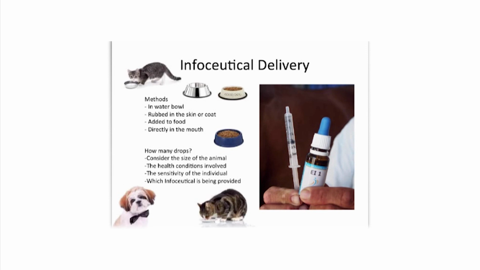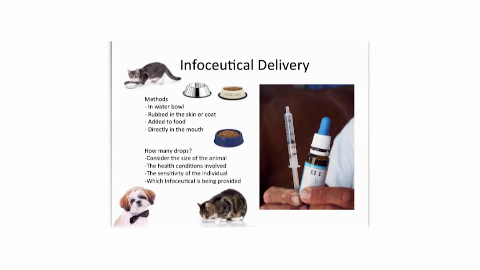Now, info-ceutical delivery. There are many different ways of providing info-ceuticals, and you have to find the most suitable for the animal you're treating. Sometimes it's in a bowl of water if the animal doesn't share the water. Sometimes it might be with favourite snacks or food. With horses, we've often provided it directly into the mouth using an oral syringe that you can see here.